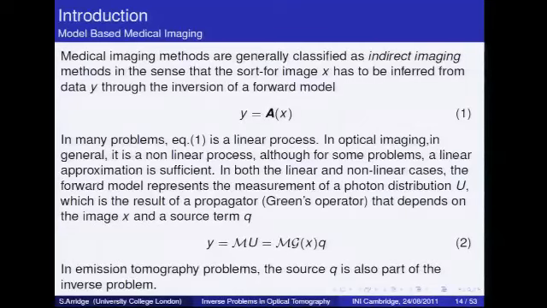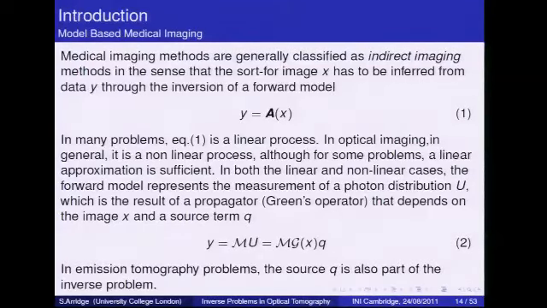And this itself is just the result of a Green's operator, parameterized by the image we're looking for, acting on some source. The source is under the control of the experimenter because we can place the fiber where we like. So when we look at identifying x from y, it's a nonlinear inversion because G depends nonlinearly on x.